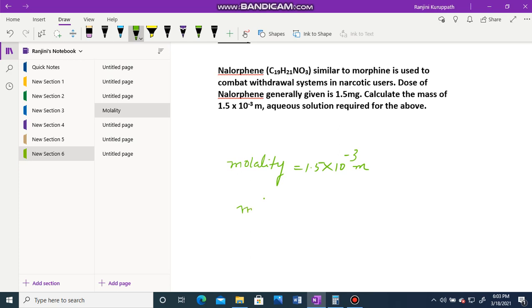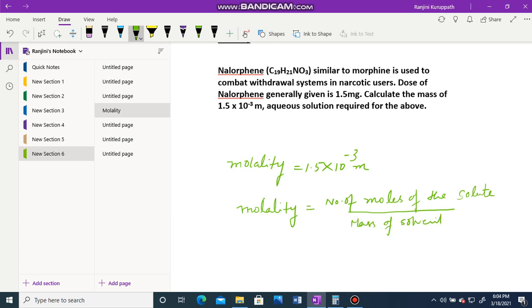So we know the equation for molality from the chapter, which is molality is equal to number of moles of the solute divided by mass of solvent in kilogram.